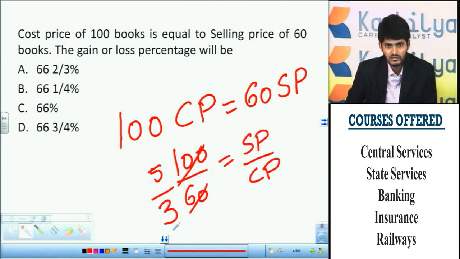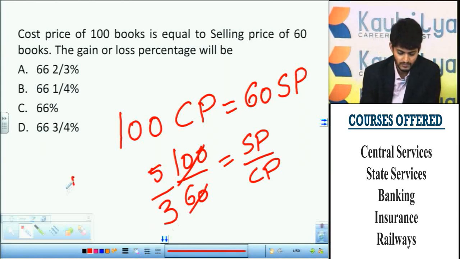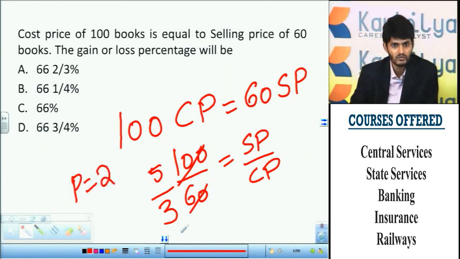Since this is a ratio, even if we take 5x and 3x, it would not make much of a difference. So if the cost price of the item is 3 rupees, the selling price is 5 rupees. That means the profit would be 5 minus 3, which is 2 rupees. So here the profit for this item would be 2 rupees on the cost price of 3 rupees.